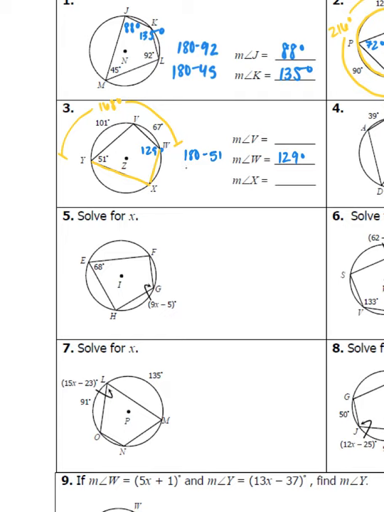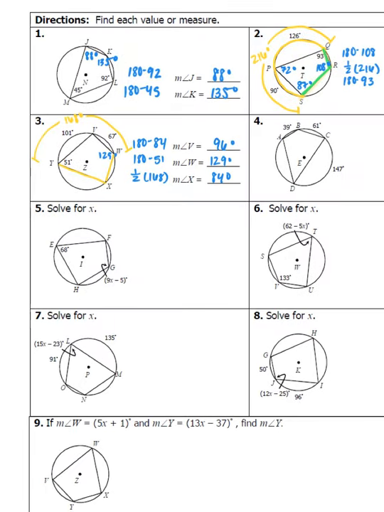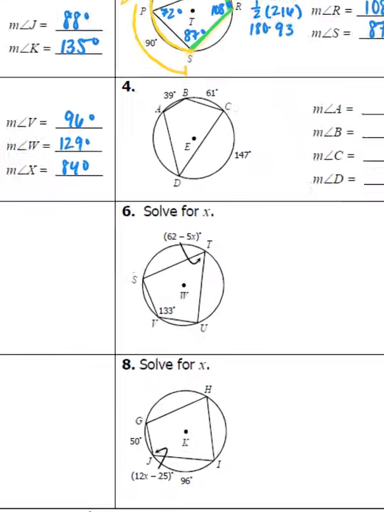So in order to find X, I'm going to take half of 168, which gives me 84. And then finally, I'm going to do 180 minus 84, which gives me 96. Okay, so again, we're just using the labeled arcs to help us wherever necessary.